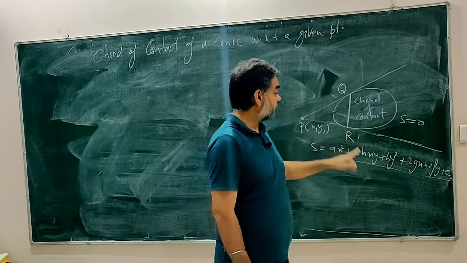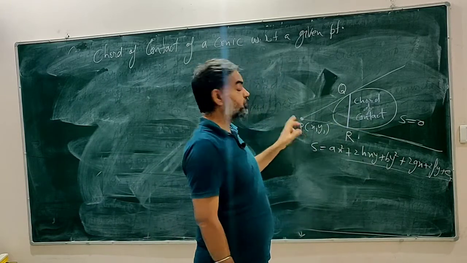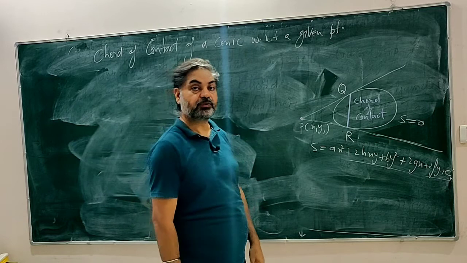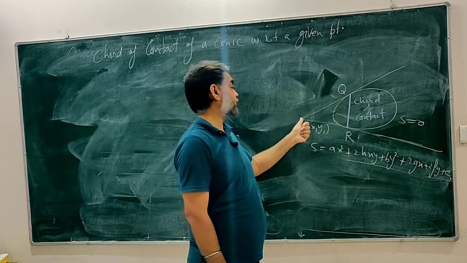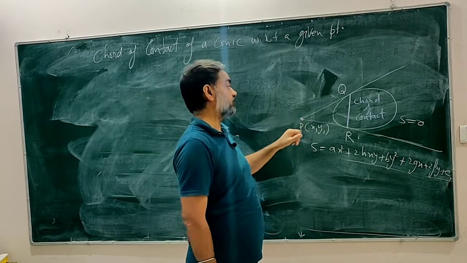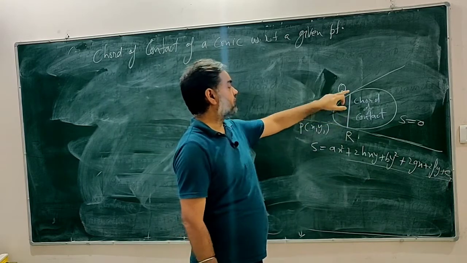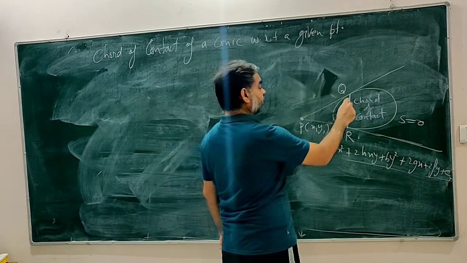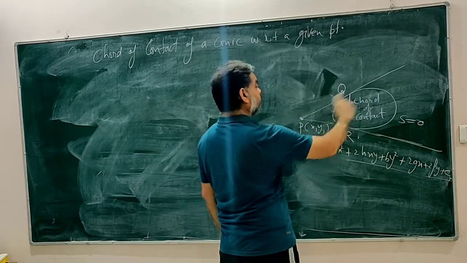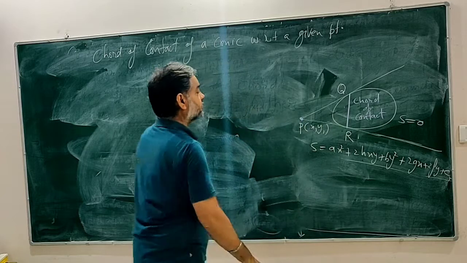If the equation of the conic is given to us, and we are given a point whose coordinates are x1 and y1, then what would be the chord of contact of this conic with respect to this point? The chord of contact is the line which joins the points of contact of the two tangents drawn from this point.